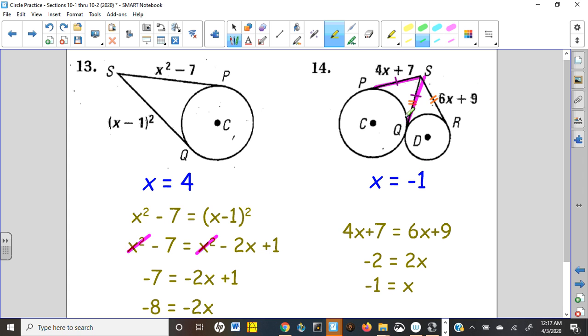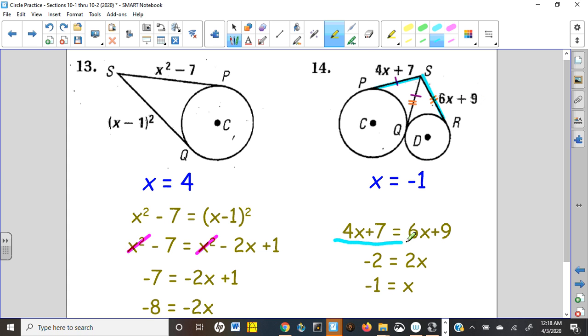Likewise, QS and RS have to be congruent because they're tangents to circle B, okay? And so by the transitive property, because PS and RS are both congruent to the same segment, QS, they have to be congruent to each other. And so that's why we're allowed to set these equal to each other.